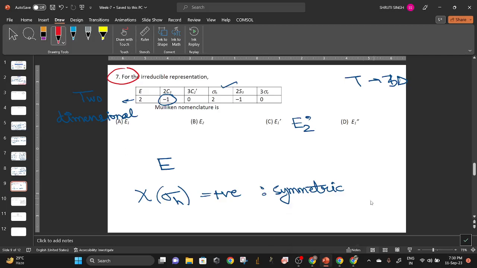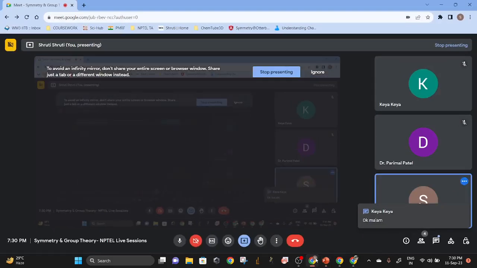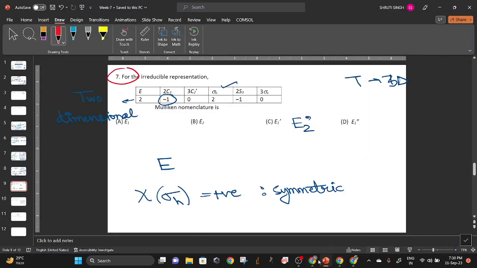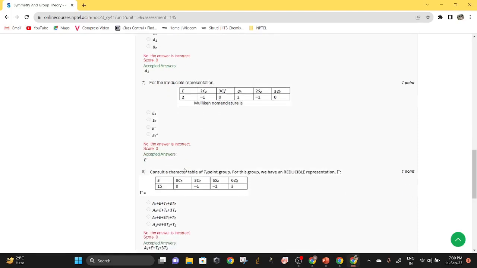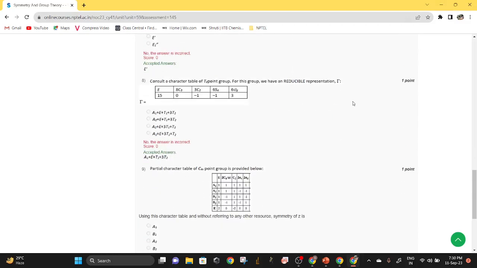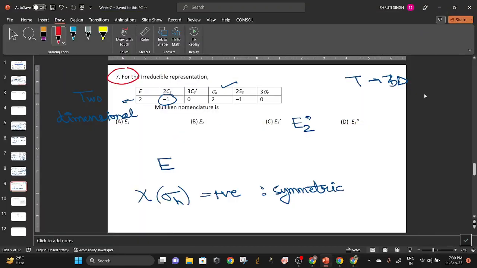Yeah, because I'm feeling something is wrong. Here this one is missing and the answer is given as E dash, which means it is not considering the principal axis, just the molecular plane. Okay, leave this question, I'll surely tell in the next class. I'm sorry for the confusion.